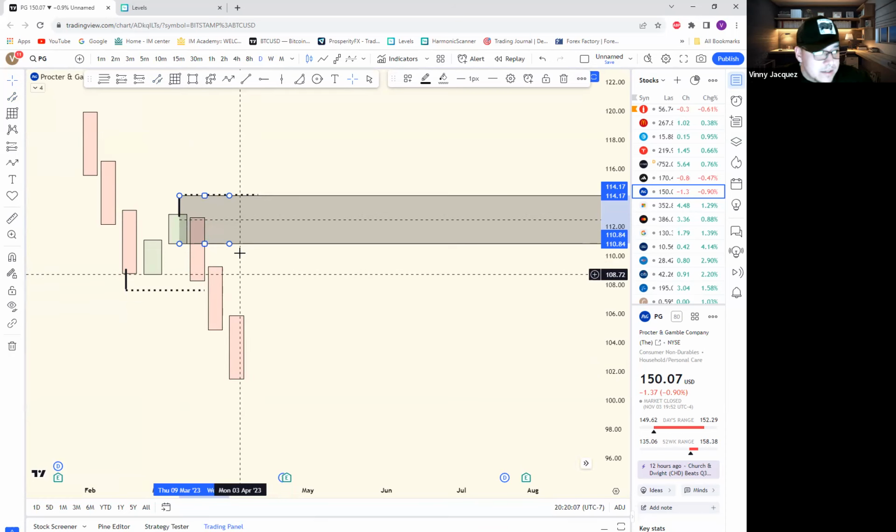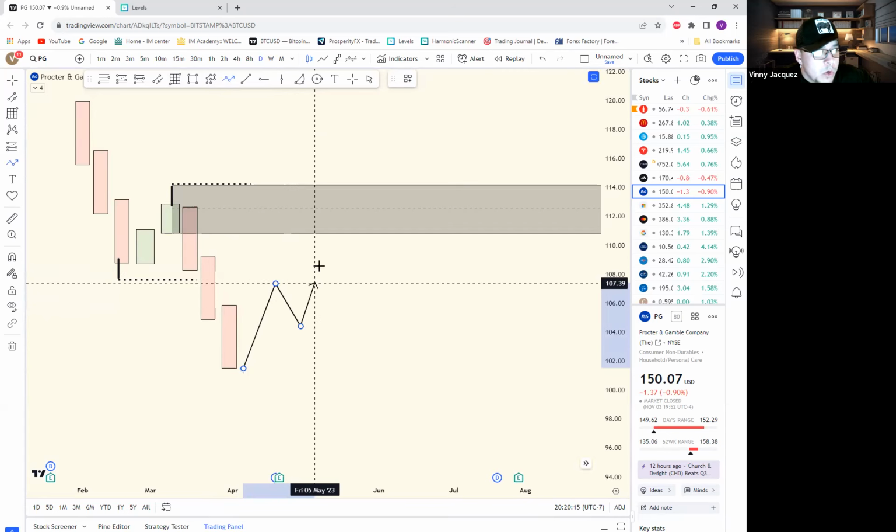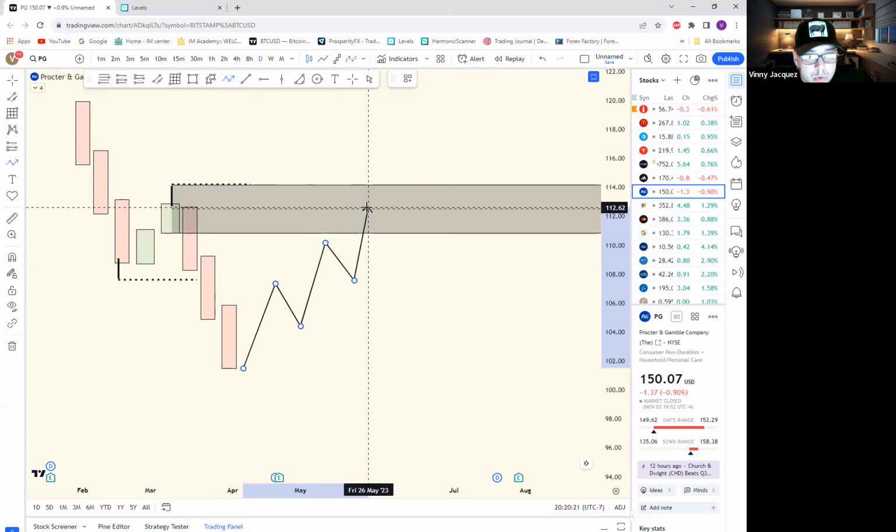I hope that makes sense. We're looking to sell the market here. As soon as market comes back, we already know what we want to do. Whether we enter on the first touch, awesome, we're in already. Would we mark it up from wick? No, we want to mark it up from wick to wick.